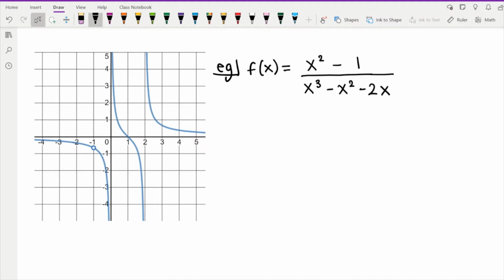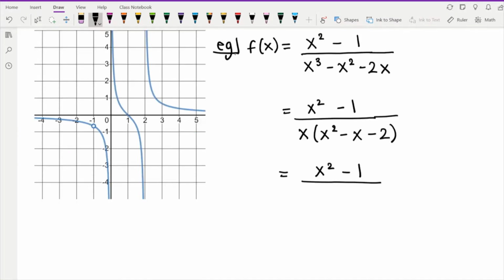So what would be the zeros of this rational function? If we were to factor the denominator, that would enable us to see the zeros of the denominator. So if we factor the denominator, we would get x times x squared minus x minus 2. This factors further to x times x minus 2 times x plus 1.